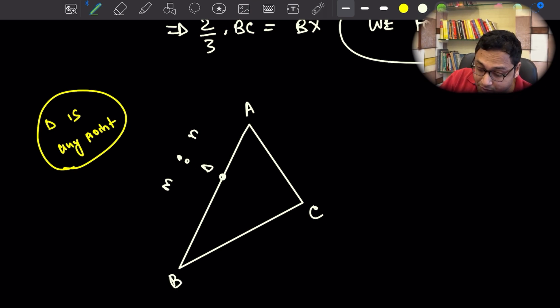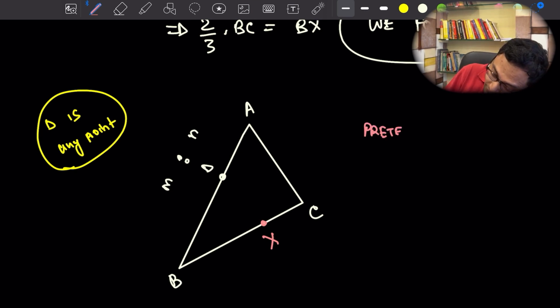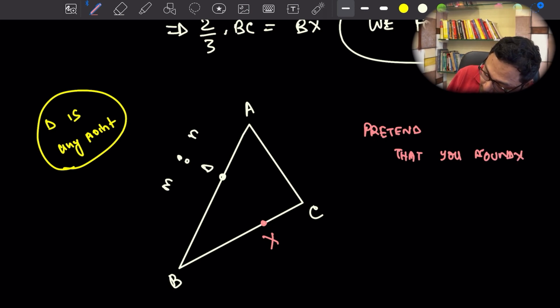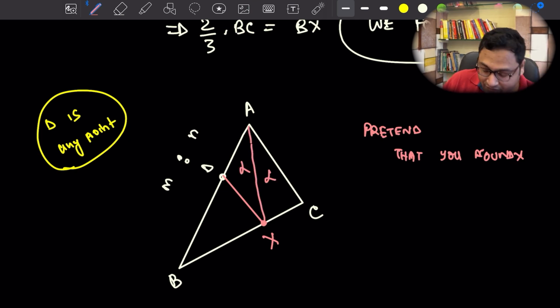And we will again pretend that we have found the point X. Pretend that you found X. So if this is alpha, then this is also alpha.